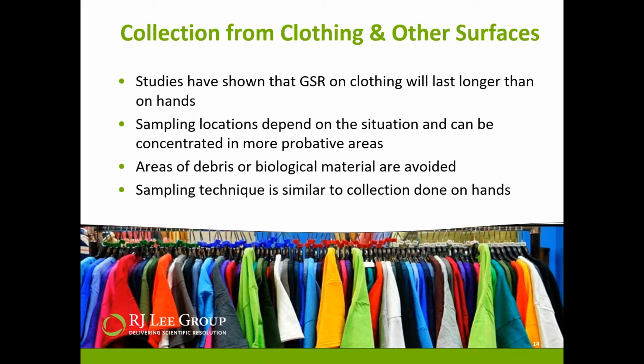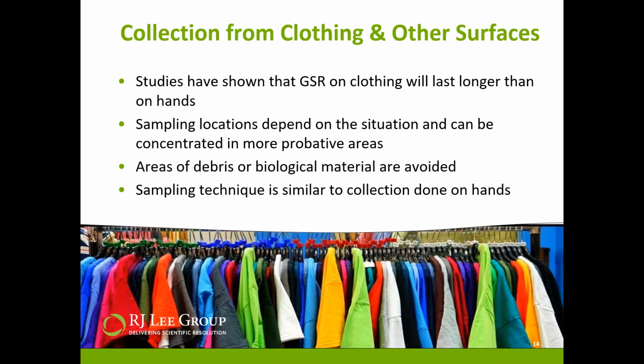The technique that we use to sample from clothing is the exact same technique that we use to sample from hands. And you most certainly do have the option of sending RJ Lee Group an entire garment to sample from. We can do the sampling of that garment for you. The one benefit to having us do that is that we can offer a contamination-free environment in order to sample that item for you.